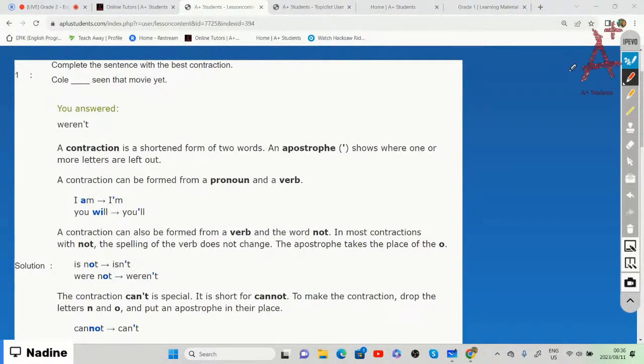We now need to complete the sentence with a base contraction. Cole, blank, seen the movie yet.